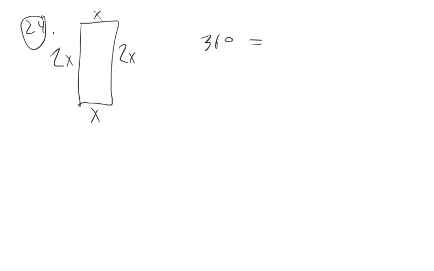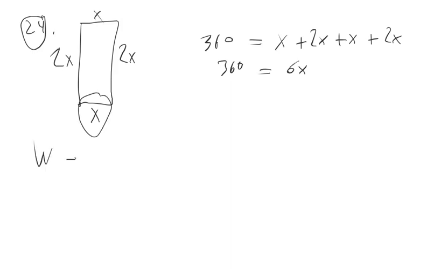So let's add this all. Let's walk all the way around, starting with the top, then going towards the right, then walking along the bottom, then walking along the left. If we add all the sides together, that's the perimeter. So we have how many x's? 1, 2, 3, 4, 5, 6. We have 6 different x's in the perimeter. So 360 equals 6x. Remember, the width is x and the length is 2x.